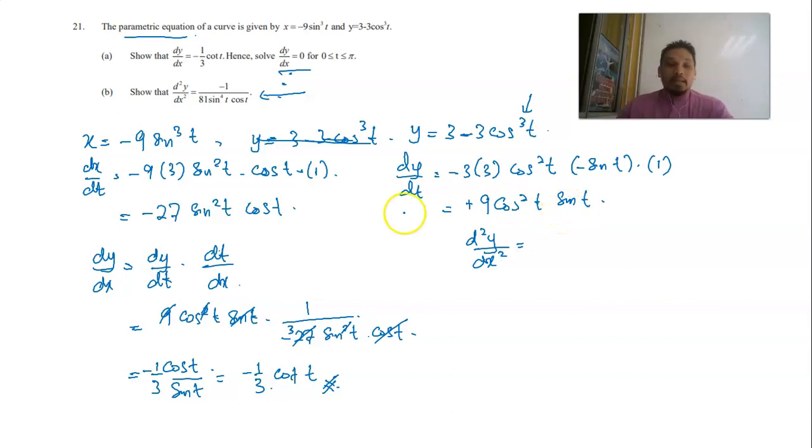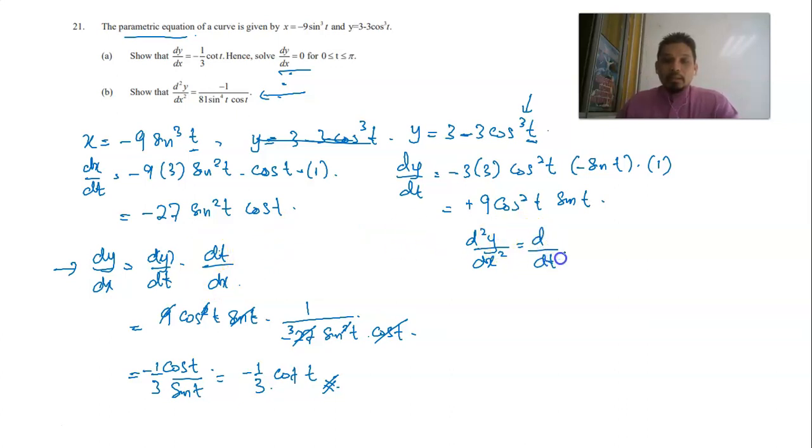In this case, class, from the parametric equation of x with the parameter t, y with the parameter t, we find dx/dt, dy/dt, and to find dy/dx, we come up with dy/dt multiplied with dt/dx.